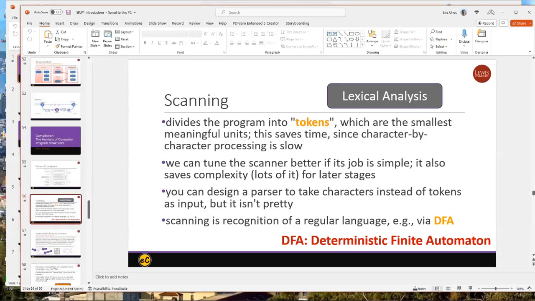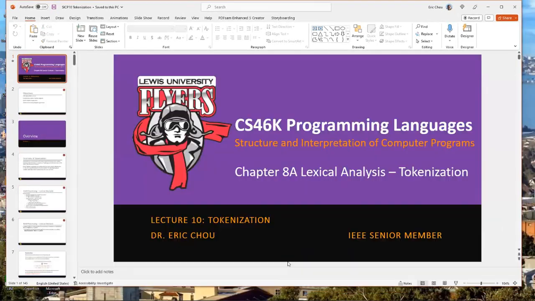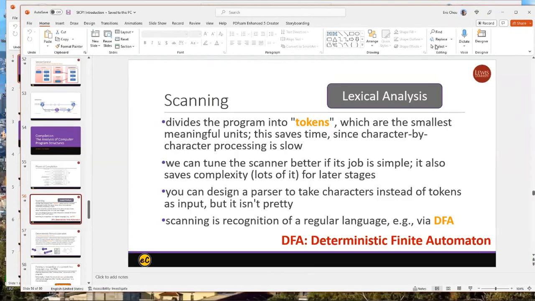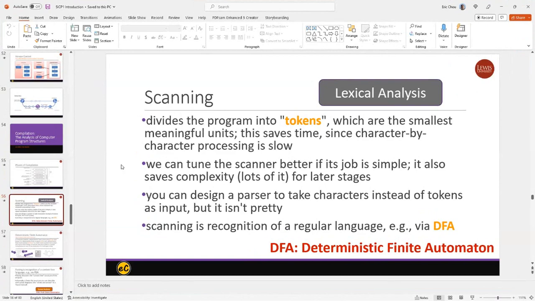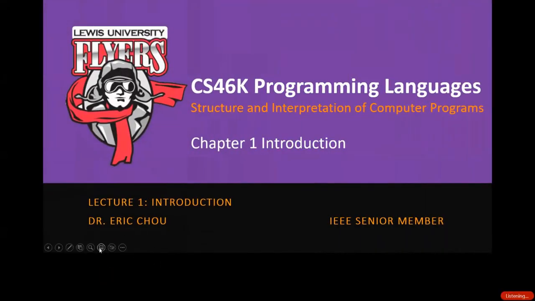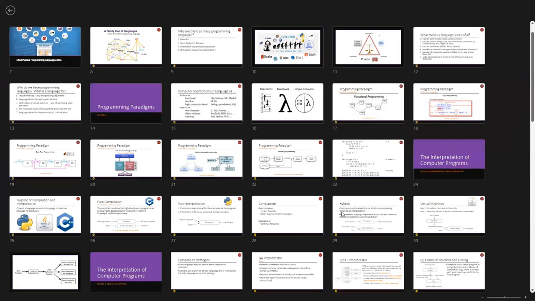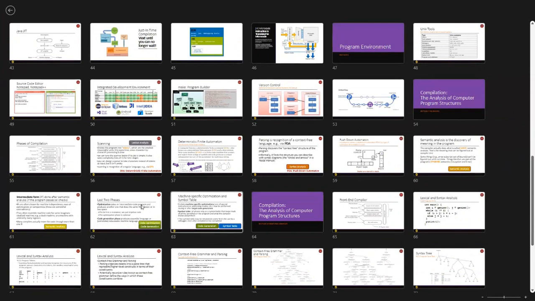Okay, these are 6 phases, and today we are on lecture 10. We are supposed to look at tokenization. That's actually the first stage, called lexical analysis. Stage 1, called scanning, is also called lexical analysis. That is converting characters to words.